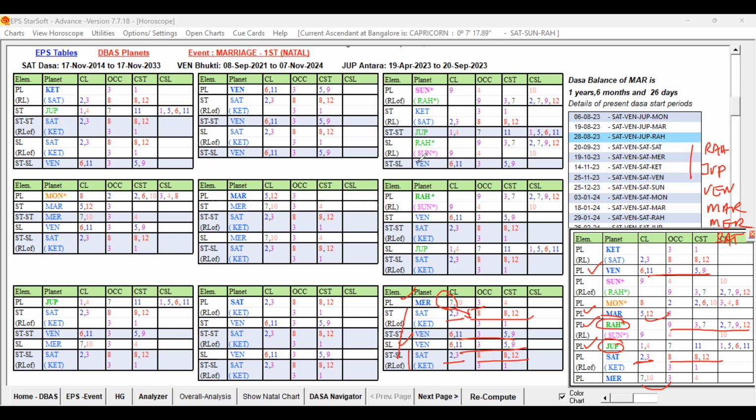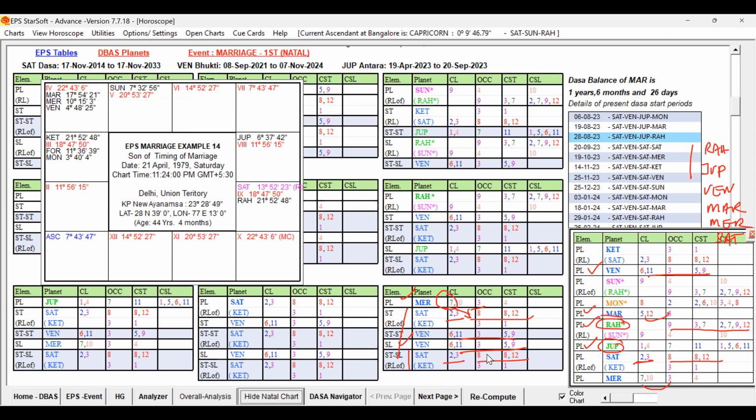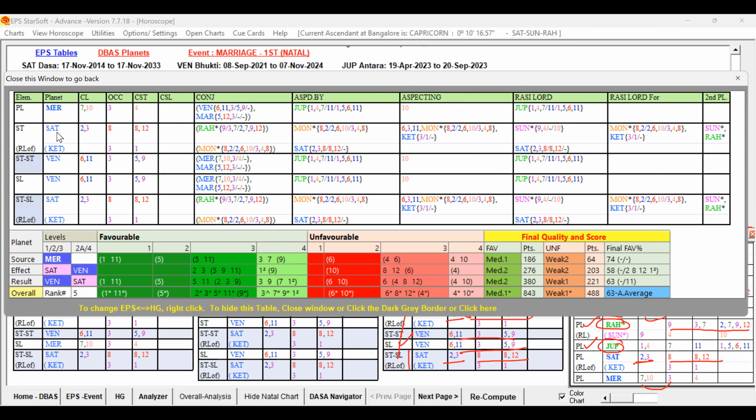Now, where are the other key planets? Green color planets are not there. Where are the other key green color planets? Rahu and Jupiter. Let us open the birth chart, we can open that EPS table also, and you can check. Saturn is conjoined with Rahu, a favorable key planet. Mercury is aspected by Jupiter.